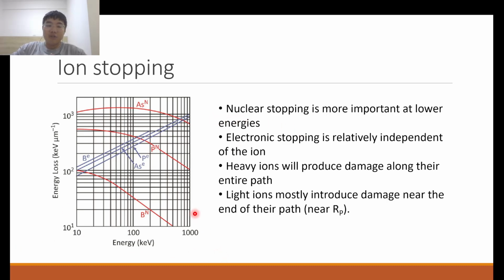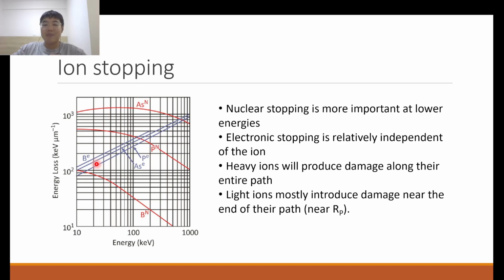So the conclusion for this is that for light ions, damage to the silicon lattice only occurs near the end of their path, where they are low in energy. Take a look at the boron curve. At high energy, most of boron stopping arises from electronic stopping, but at low energy, the nuclear stopping interactions are more significant for boron.